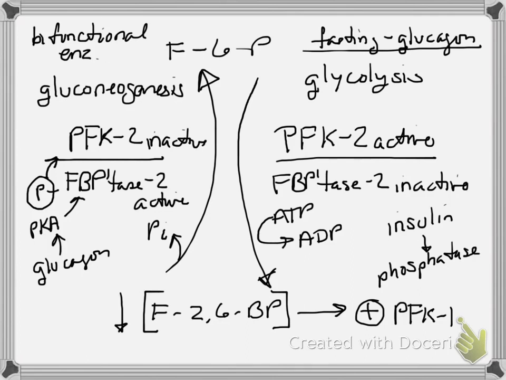This phosphatase now will remove the phosphate from the PFK2 bifunctional enzyme complex, which will activate the kinase function and inactivate the phosphatase function, allowing the normal reaction to occur in PFK2 to increase the activity of PFK1.